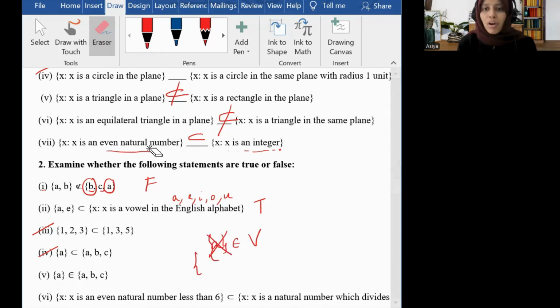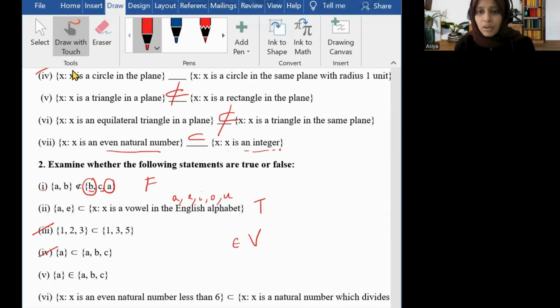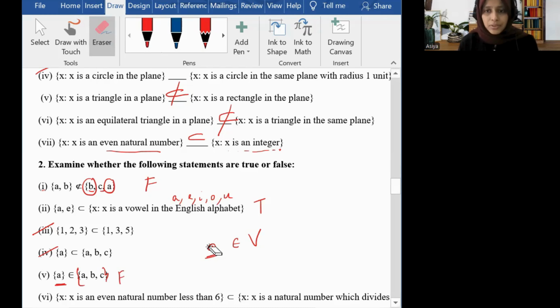This is a wrong representation. A is not a set. When I'm writing belongs to, I'll have to write each and every element. I cannot write it in the form of a set. This is a set, right? No. When I'm talking about an element, I'll just have to write element A belongs to this set, but not set {A} belongs to this set. This is false. Hope you have understood it.